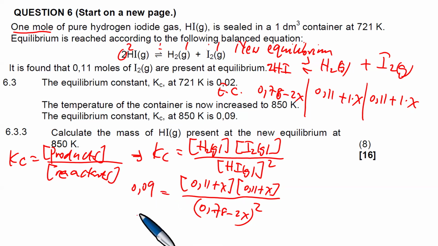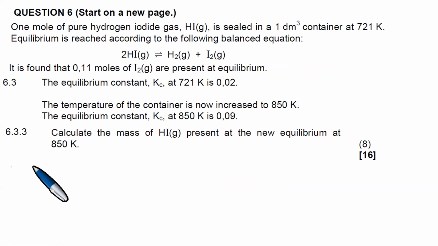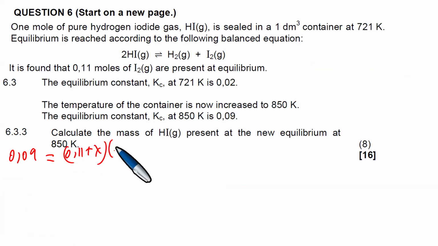This is a quadratic equation we need to solve. I know that this is a messy task. So if we say 0,09, right, so 0,09 is equal to 0,11 plus x times x, and then we divide everything by the denominator.